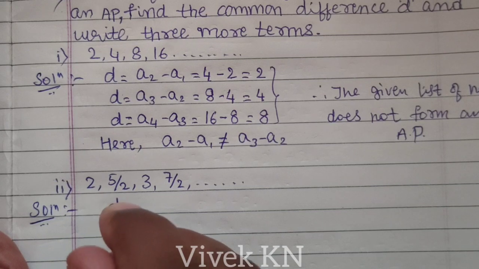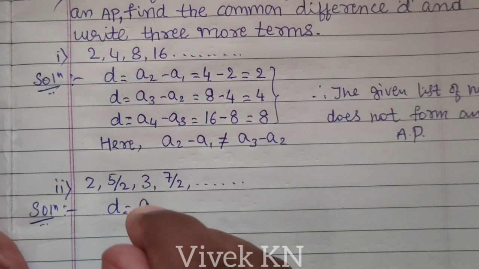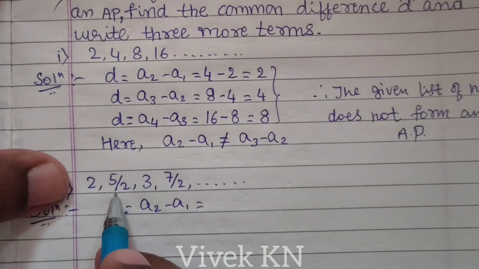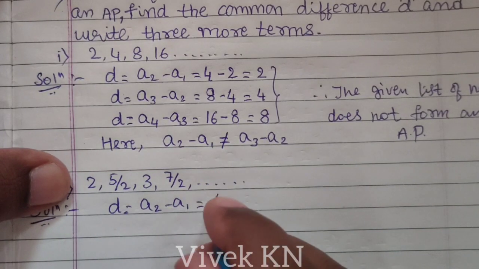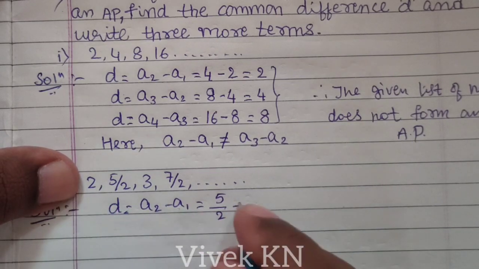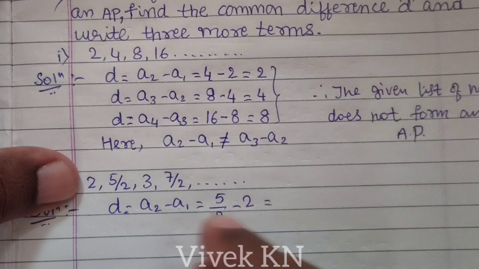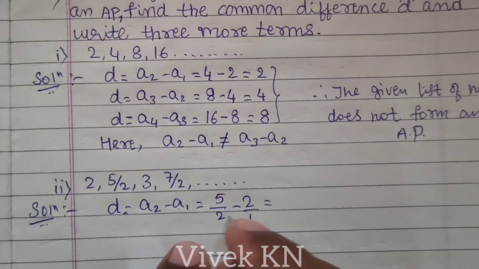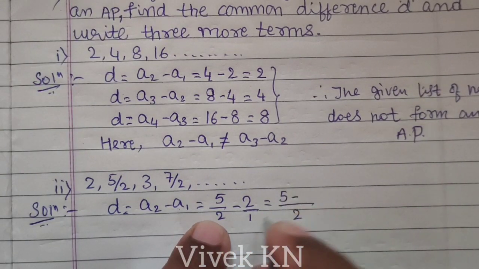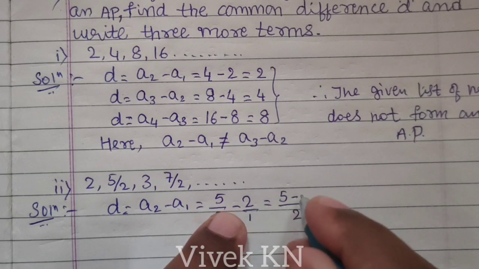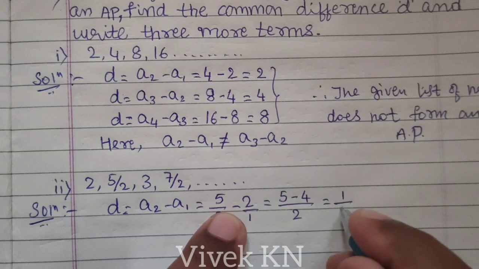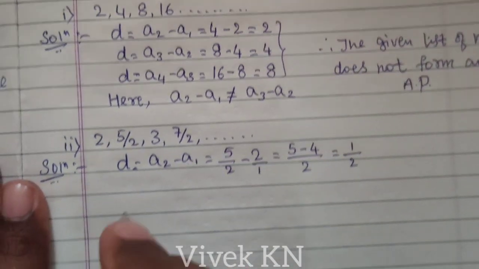That is d is equal to A2 minus A1. Here the A2 term is 5 by 2 minus A1 is 2. Subtracting these two terms we get 5 minus 2 ones are 2, 2 twos are 4. 5 minus 4 is nothing but 1 divided by 2.